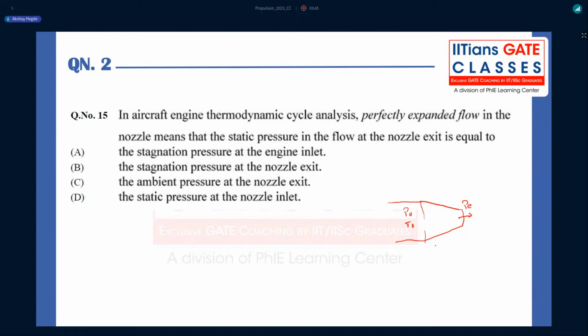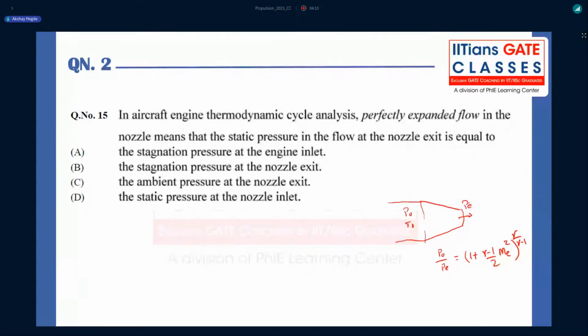If we assume isentropic flow, I can easily relate it as P naught by PE equal to 1 plus gamma minus 1 by 2 times ME square, to the power of gamma by gamma minus 1. So it is purely governed by the geometry. But they are saying perfectly expanded flow. What do we mean by perfectly expanded flow?